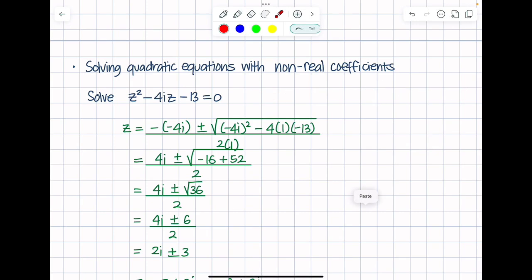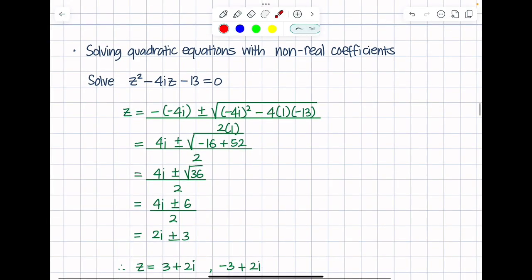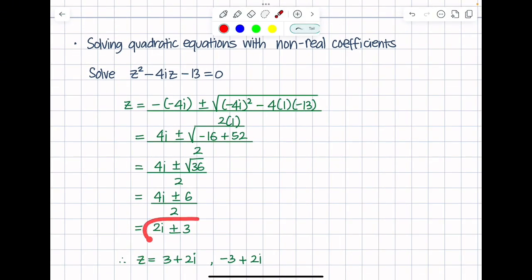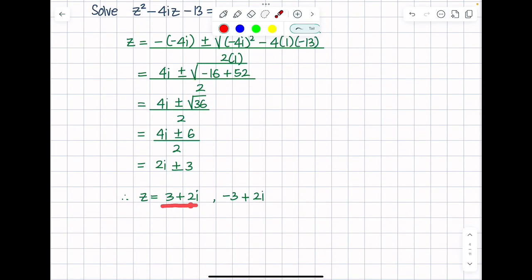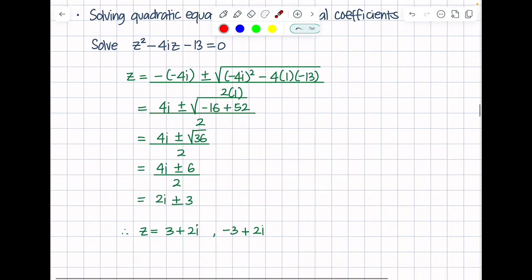Insert these values into the quadratic formula, and then we get 2i plus minus 3. So z is 3 plus 2i, we keep the order x plus iy, and negative 3 plus 2i. Remember, if the coefficients are not real, the roots are not in conjugate pairs.